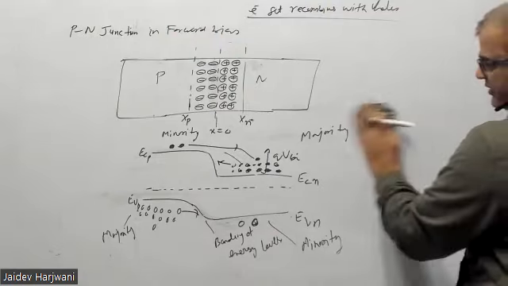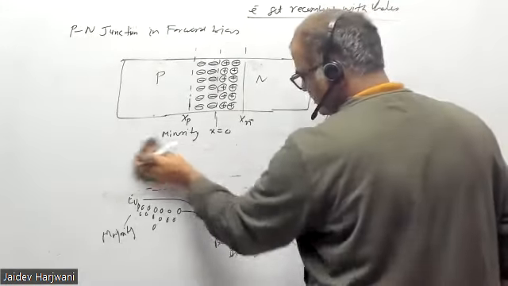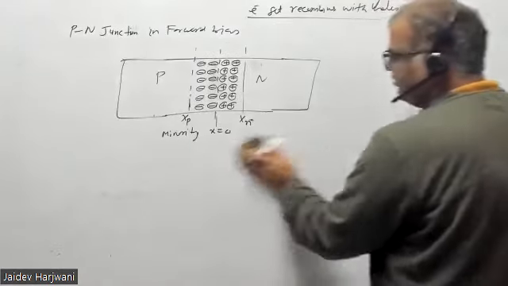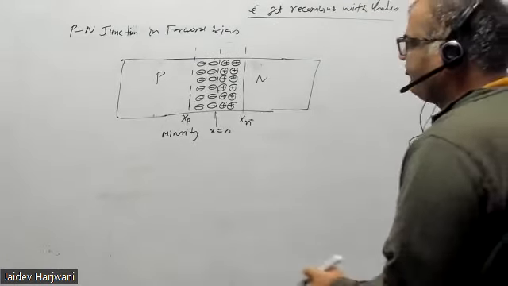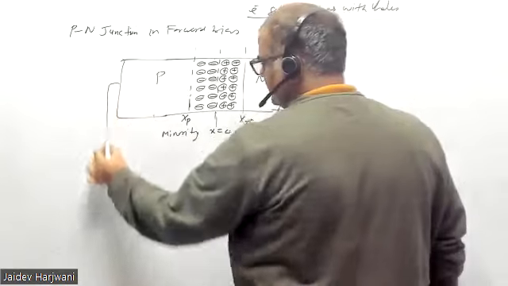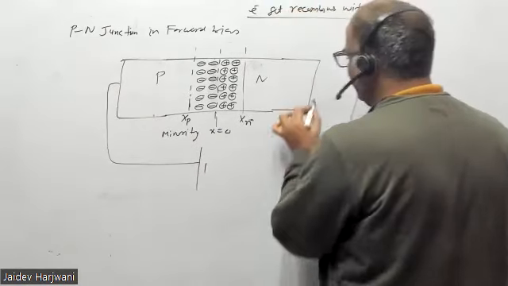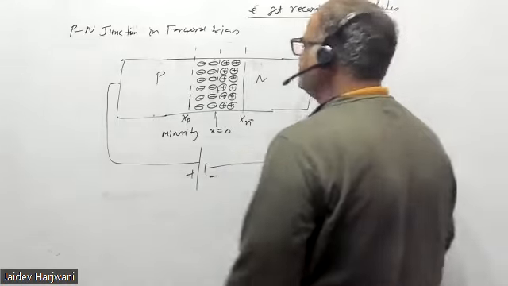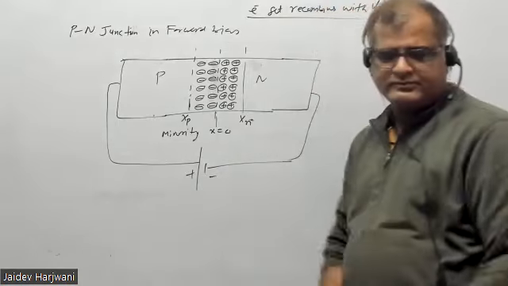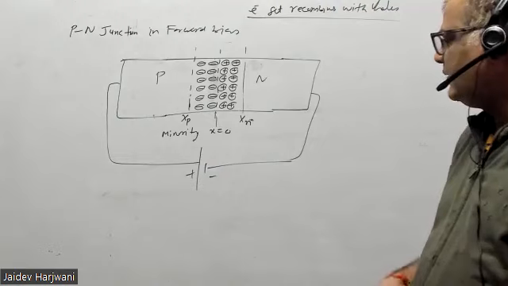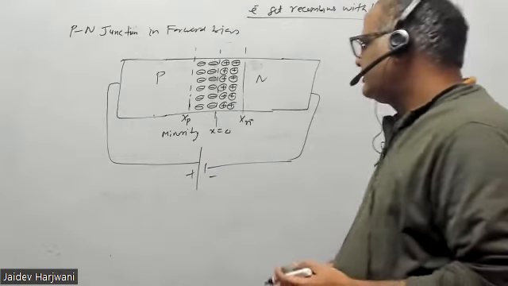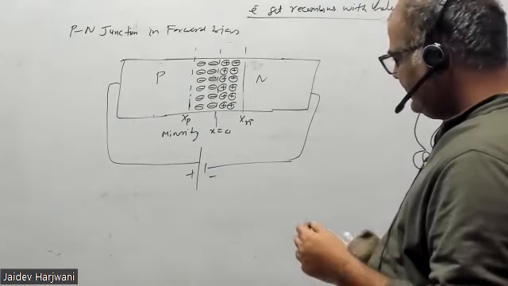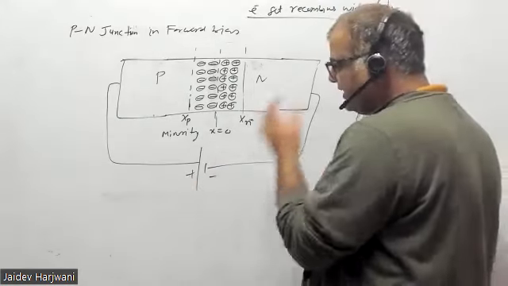Okay, so let us understand what happens. Now there is no current, because both parts are balanced. Now, forward bias means what? You're applying plus here, you're applying minus here. Now practically what is happening when I'm applying plus here and minus here?